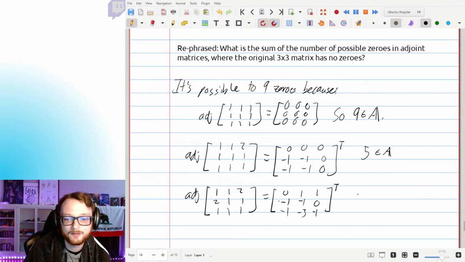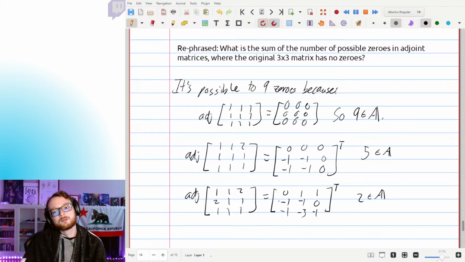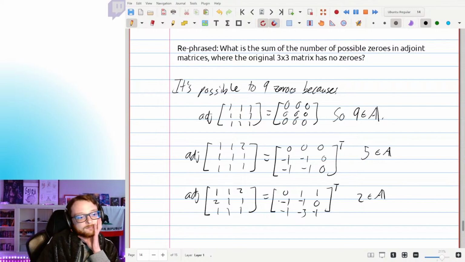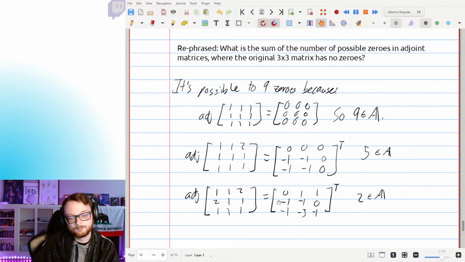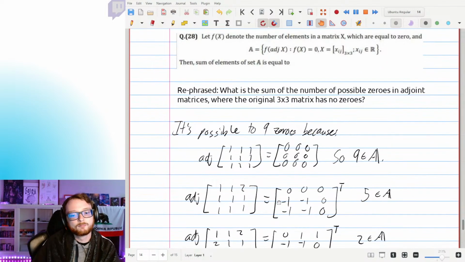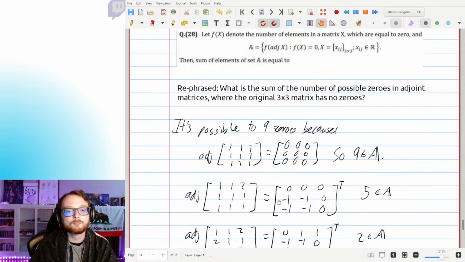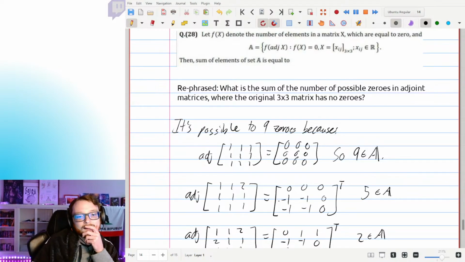Like that. So I just found two. Hmm. There must be a slicker way of doing this. I shouldn't just keep on guessing and checking.